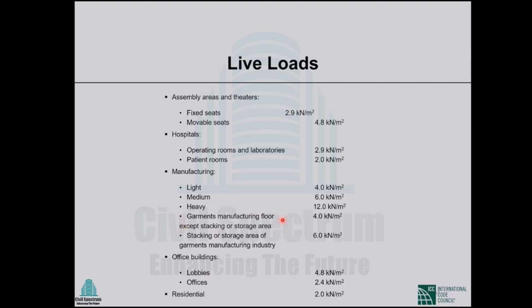For garment factory buildings, there have been a lot of disputes and controversies regarding these things, because when this code was being drafted, just in 2013, the tragic event of Rana Plaza happened. Just after that, all the assessments and retrofitting works started. So these were very important. So these two new rows have been added in this table.